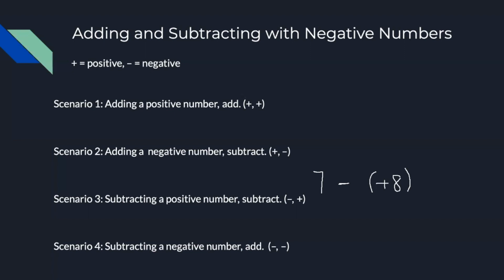Okay, so for a lot of you, the signs are a bit confusing, right? So the answer to this is actually negative 1. Good, negative 1. A lot of you put positive 1, but I understand that. Yesterday I thought I made this mistake as well, so it's okay if some of you get it wrong. So here, let's think about it this way. Positive 8, what is that the same thing as? It's the same thing as 7 minus 8.